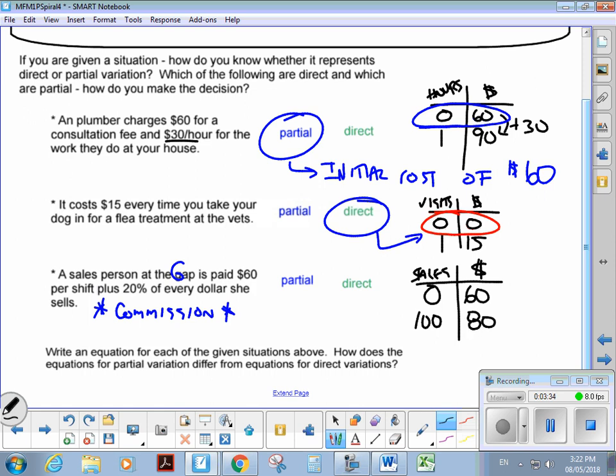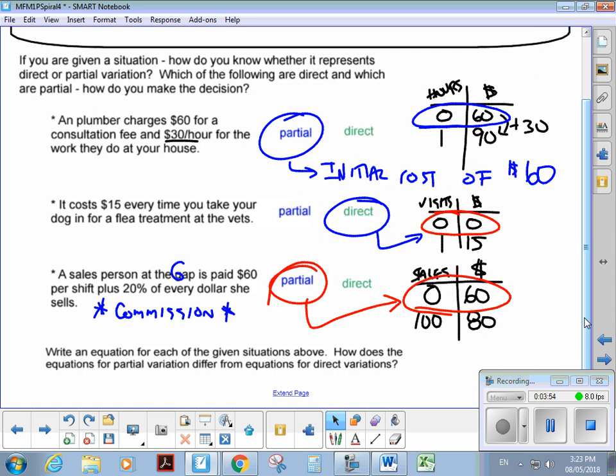So you'd make $80. But the key here is that initial step. All right, this is a partial variation because it's not 0, 0, it doesn't go through the origin. All right, so just a quick little trick using a T-chart to figure out whether you got a direct or a partial variation.